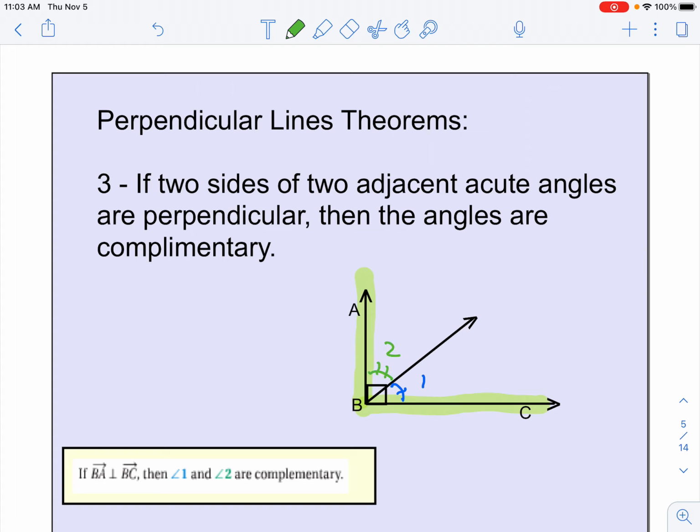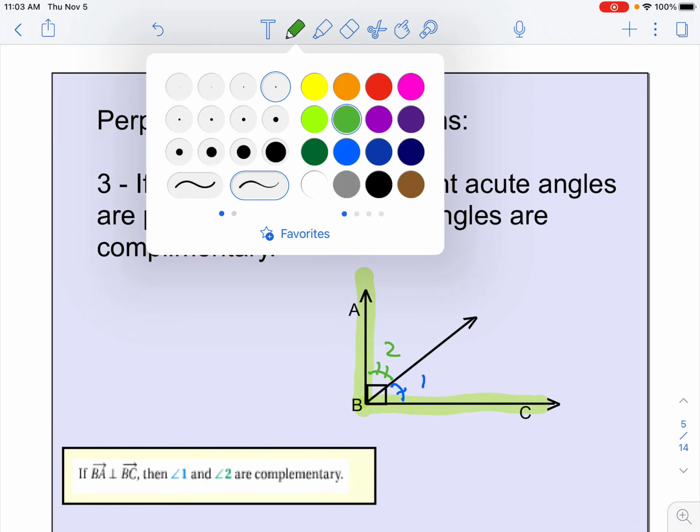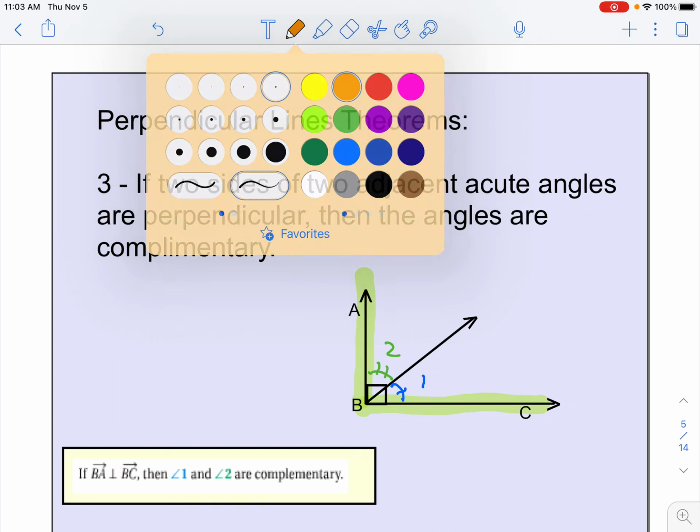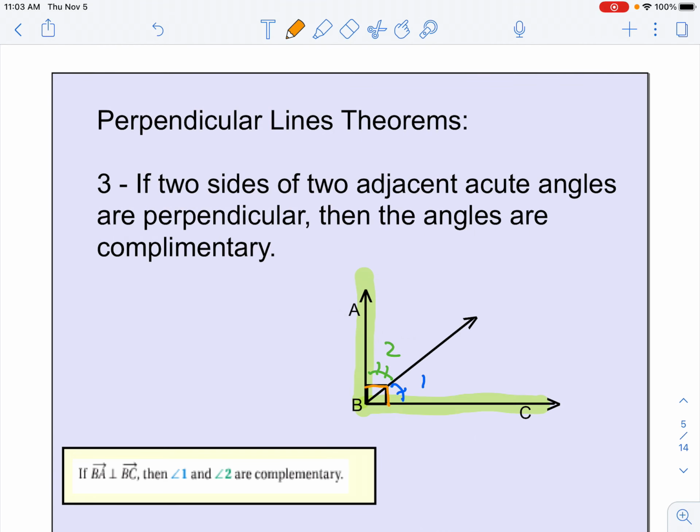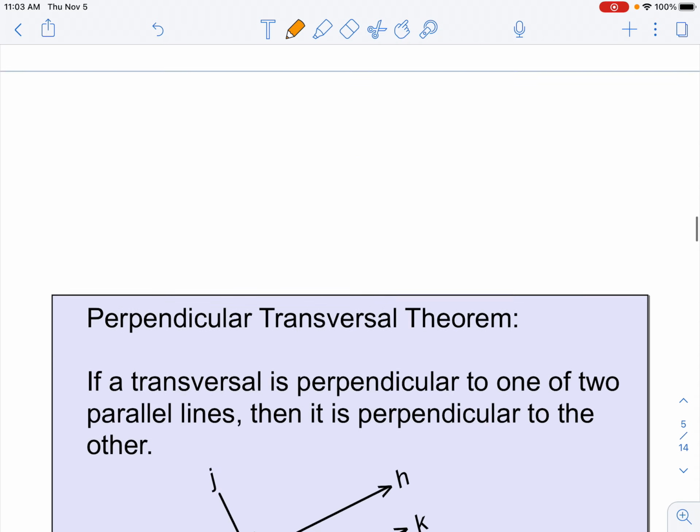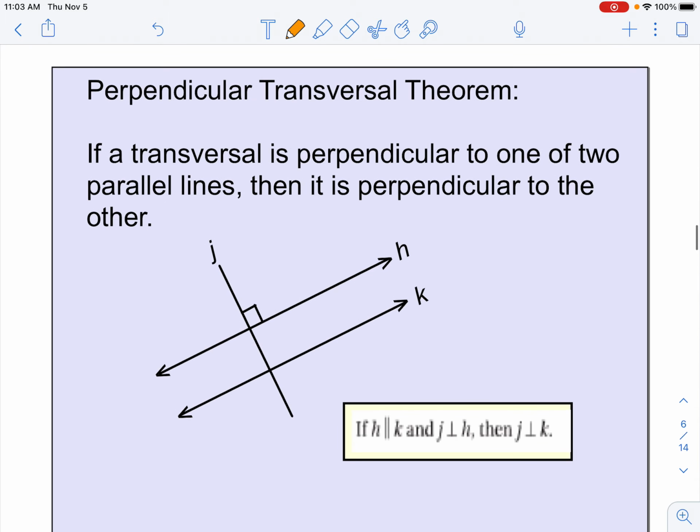So if two sides of two adjacent acute angles are perpendicular, and you can see that these are perpendicular right here, then the angles are complementary. Well, that again makes sense because the two angles add up to 90 degrees, so they have to be complementary. Again, these are kind of obvious, but we'll keep going.